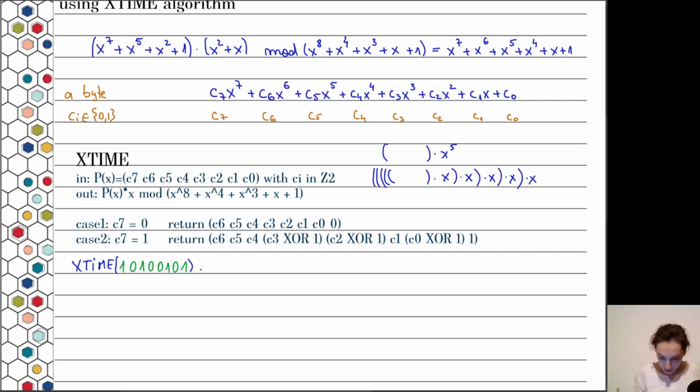So we will have to compute XTIME powered by 2, because we have here x powered by 2, XORed with XTIME by the same polynomial, because we have the same polynomial times x, just an x. So this will be 1 0 1 0 0 1 0 1.